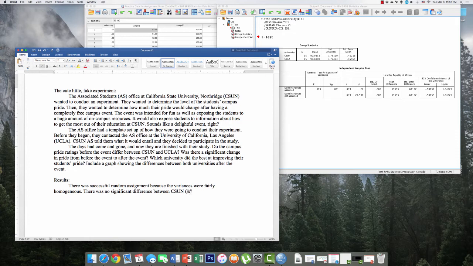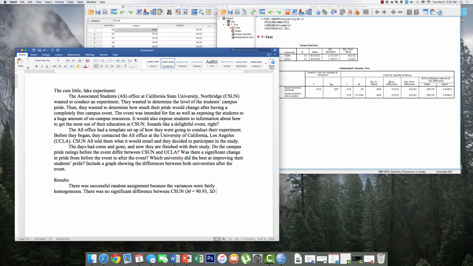I'm going to include the means now. Italicize that M, space, equals, then space again. The mean for CSUN is 90.93. We're going to put a comma. Now we're going to italicize the SD. Make sure you turn the italics off after you finish typing the letters.